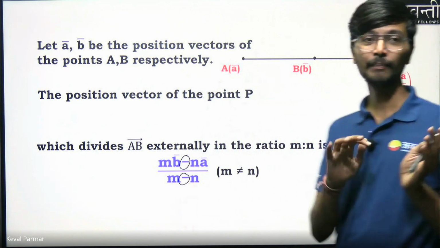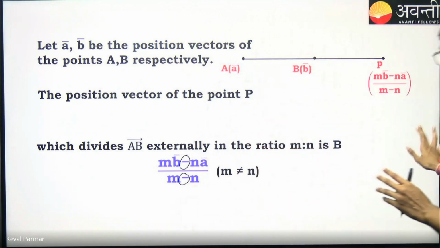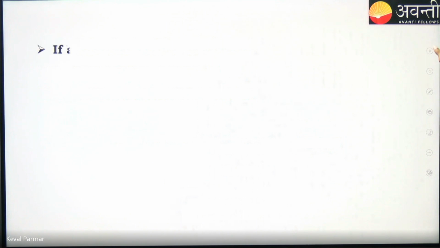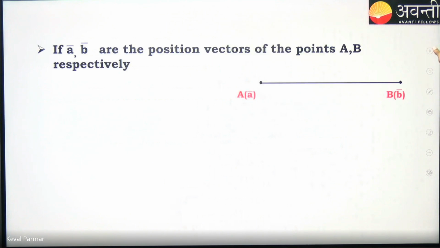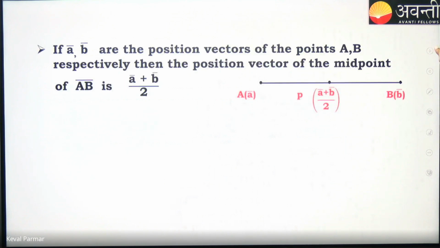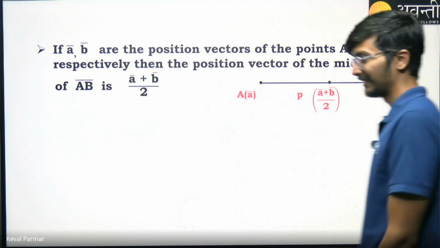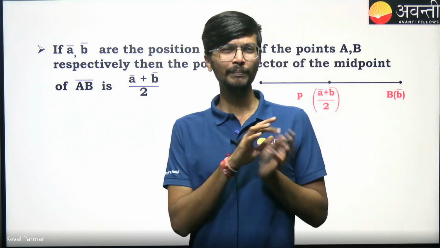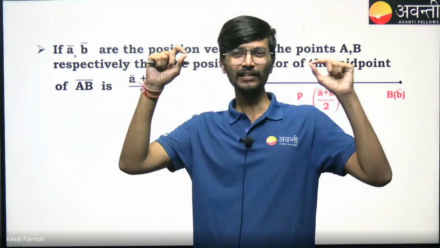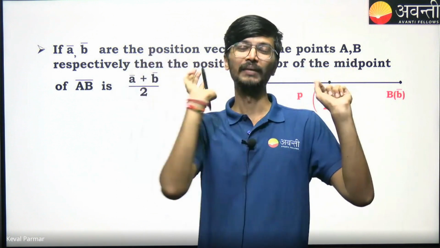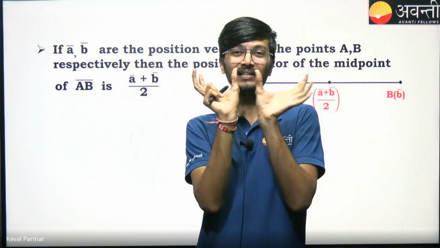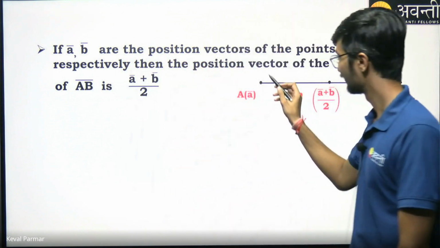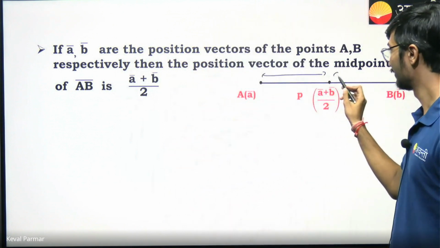Next, we will study the position vectors of a bar and b bar, and that is basically the midpoint formula. Midpoint formula means the point in the middle of both points. What is meant by middle? The equal distance. Whatever this distance is, the same is this.